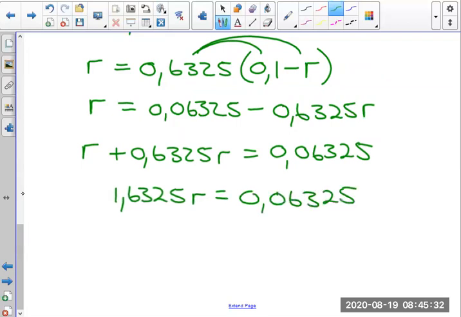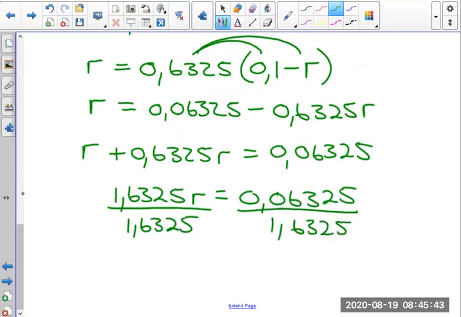And then I just divide by 1.6325, divide by 1.6325. And then you will get your distance, the r that they wanted us to work out.